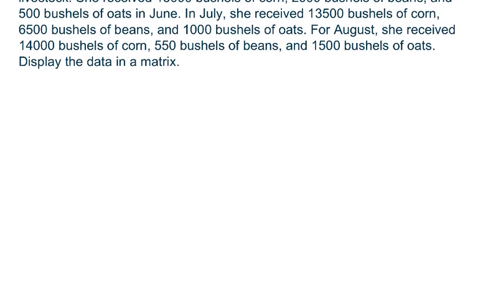Now, you've got 2 different ways that you can do this. We have 3 different types of grains. We have 3 different months. So we're going to have a 3 by 3 matrix. I'm just going to leave space here for a 3 by 3 matrix. We've got some bigger numbers, so leave yourself plenty of room here. You can either do the months along the side, or you can do the months on the top.